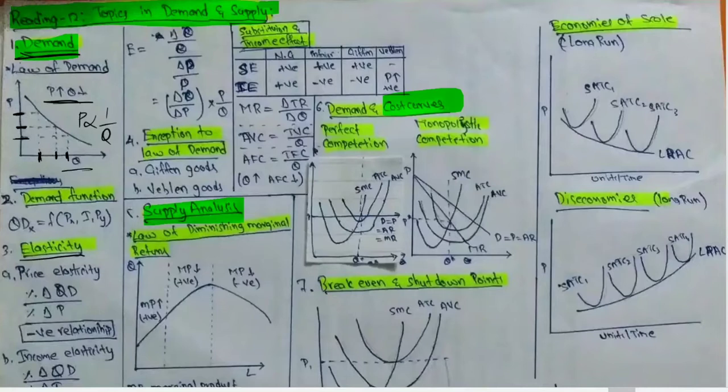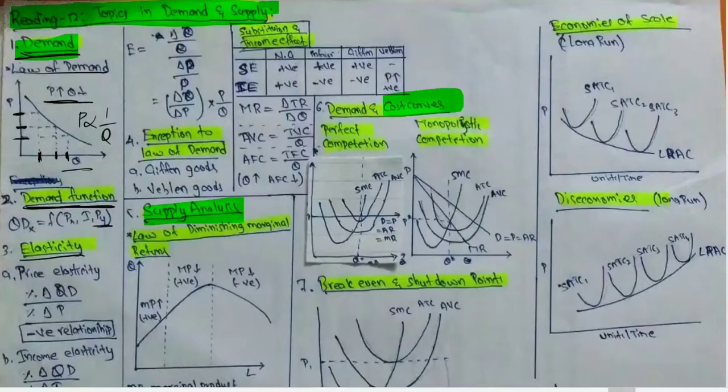Next, we'll move on to the demand function. The demand function describes the factors that affect the quantity demanded. The price of the good will affect the demand, as we discussed in the law of demand. The income of the consumer will also affect demand, because when income increases, he starts demanding more goods, and when income decreases, he consumes less. The price of substitutes will also have an impact.